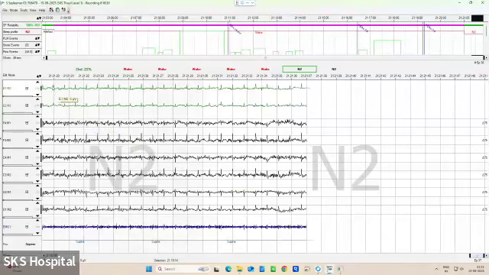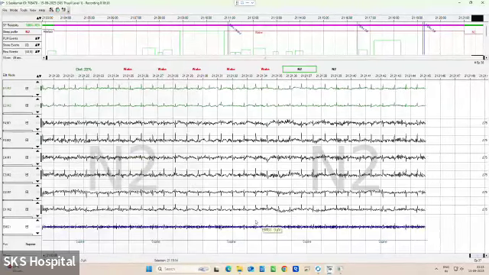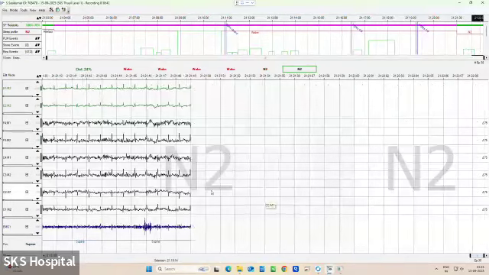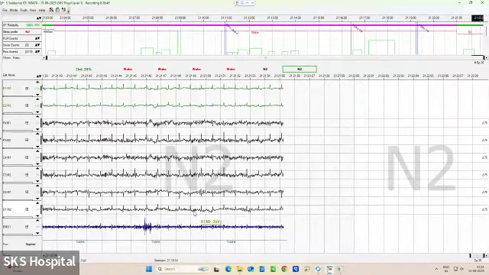One artifact seen here is the ECG artifact. This is the heart rate that gets conducted to all the leads because the leads are near some blood vessel. This can be corrected, but I'm not going into the details of how to correct it because it will disturb the patient's sleep. If it is very much interfering with your scoring, then you can go and correct the lead placements.